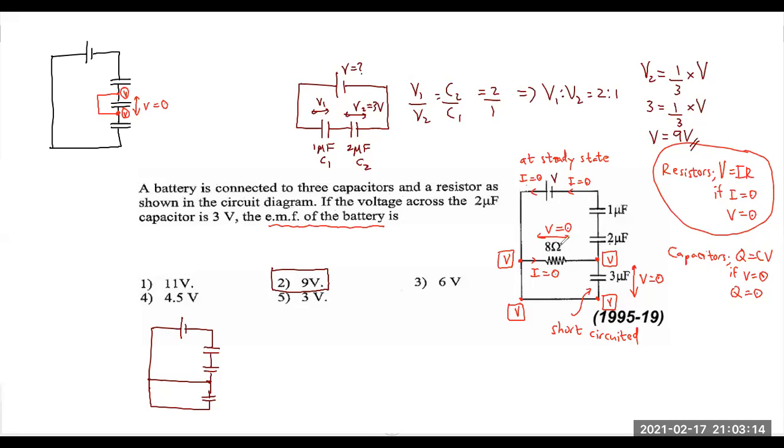Then won't that resistor do anything? No, the resistor will not do anything because there is no current going through the resistor. If there is no current through a resistor, then there is no use with that resistor. It's like that resistor is not there. So for a system like this and for a system like this, it's going to be the same result.